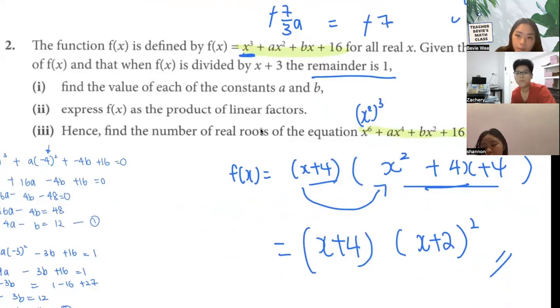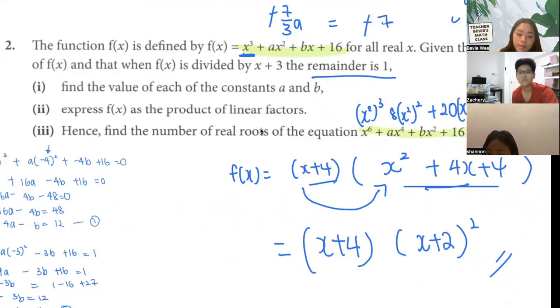Then this one will be a (x squared) squared, right? The a we found just now is 8, so I'm just going to put 8(x squared) squared, then plus b, which is 20, yeah, thank you, 20x squared, then plus 16.